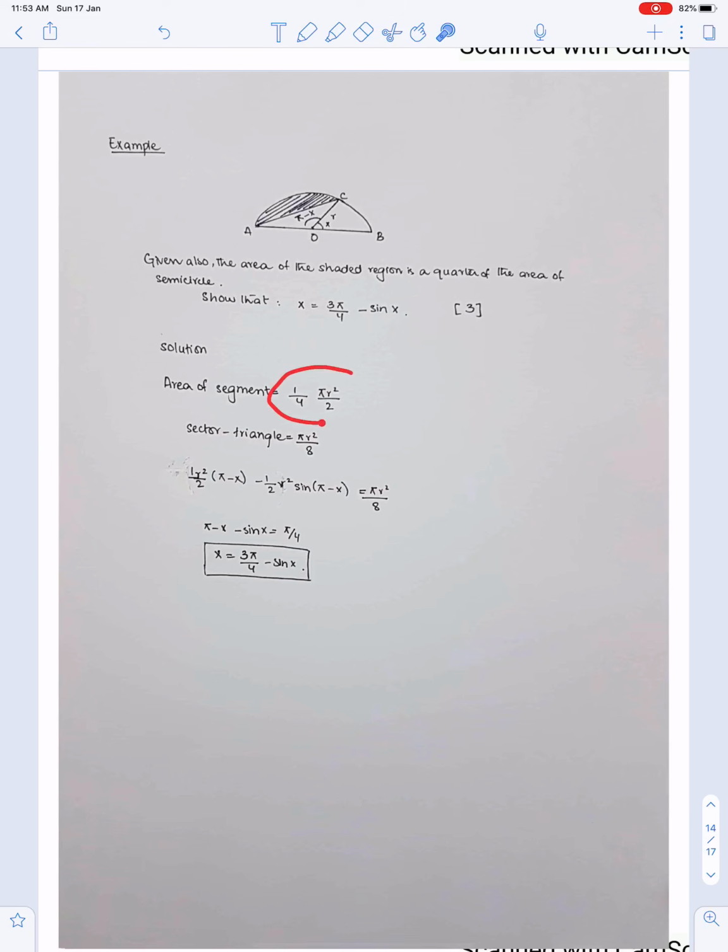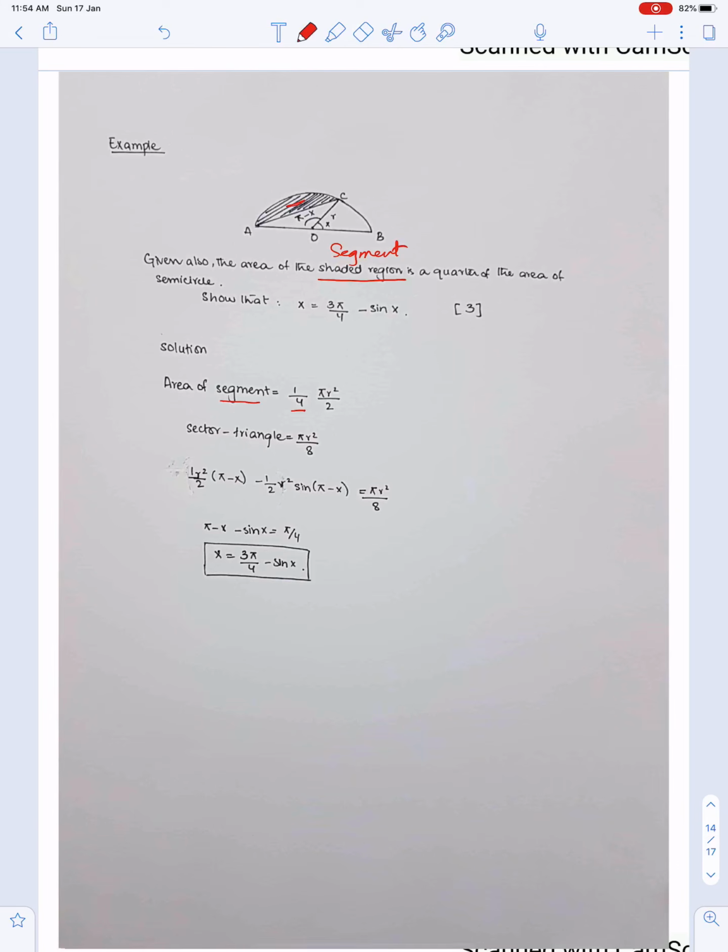It's mentioned: area of shaded region is a quarter of the area of semicircle. Shaded region means segment. So the area of the shaded region, that is the segment, is a quarter of the area of the semicircle.